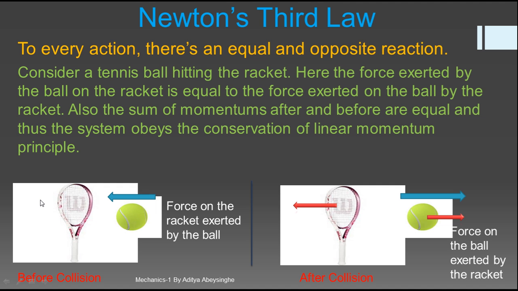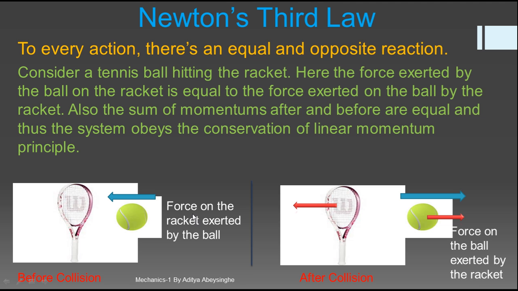If you are holding this, you can't initially hit the ball in this direction. In reality, when you are playing, you can see that for a very minute time the racket will move at some angle like this, right? It will move in this direction for some time, and then you will allow the ball to move in this direction, and then you will hit it in the other direction.